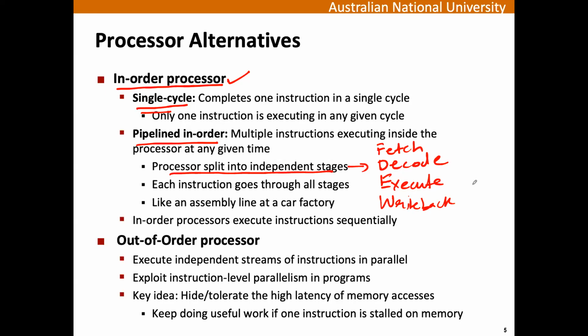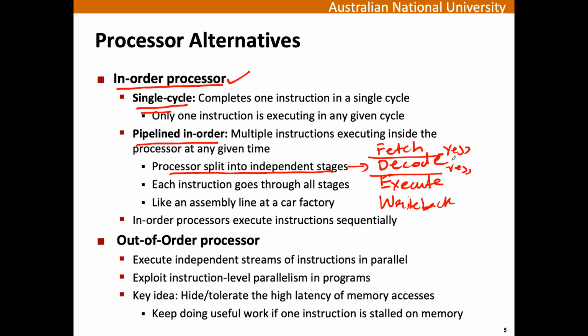So you can imagine that in a single cycle processor, all of these stages are just one big thing. Everything happens in one cycle. There is no distinction between multiple stages. In a pipeline processor, we build a processor with different stages, and we insert registers between the stages to store intermediate results of a specific stage.